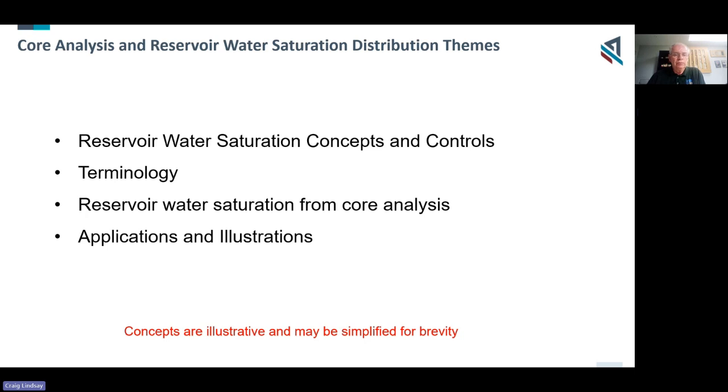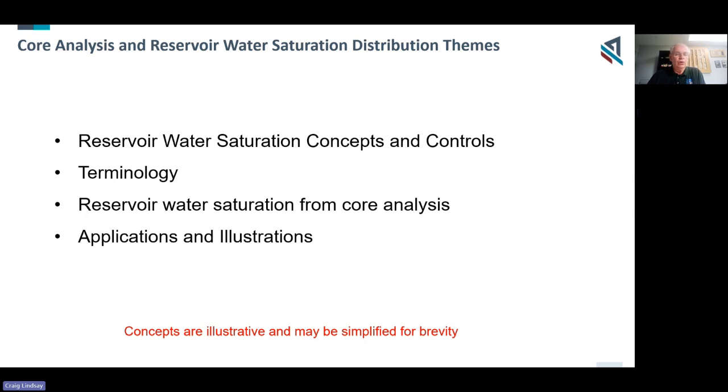I hope some of the material I show today will make the case for it being relatively simple to grasp the concepts. During today, we're going to look at some of the things that control the distribution of water saturation in a porous media in a reservoir, and some of the terms that go with that.